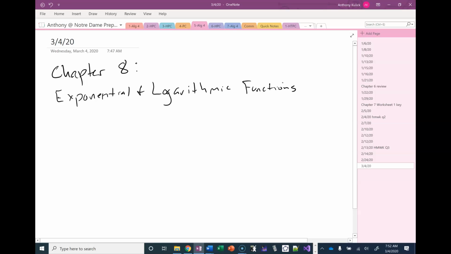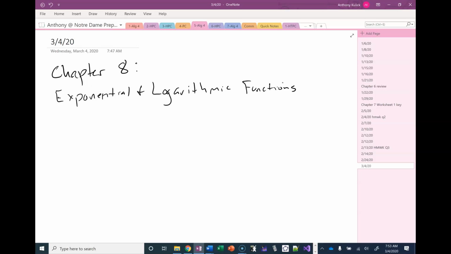So here in chapter 8, we're going to talk about exponential and logarithmic functions. The first half of this chapter we'll spend talking about exponential functions. And after that, we'll spend the second half of the chapter talking about logarithmic functions.